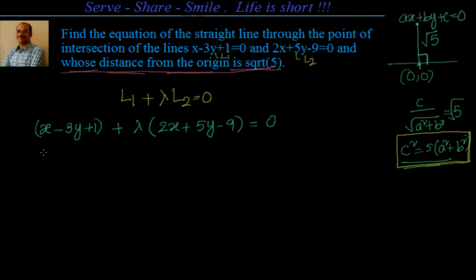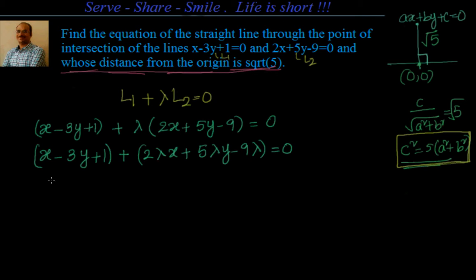Now I'll simplify this. x minus 3y plus 1 plus 2 lambda x plus 5 lambda y minus 9 lambda equal to 0, or if I put like terms, I will have x into 2 lambda plus 1, that will take care of both x terms.